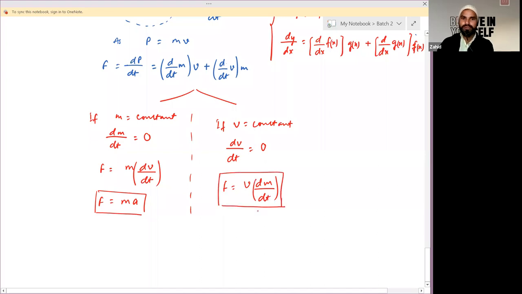So this will be the force for a variable mass system or changing mass, like rocket propulsion, moving balloon, and so on.